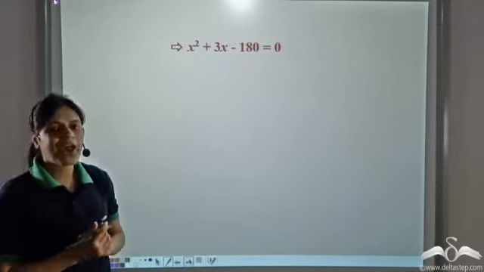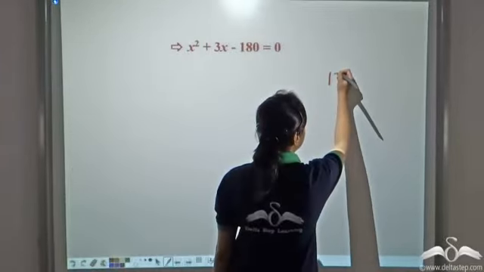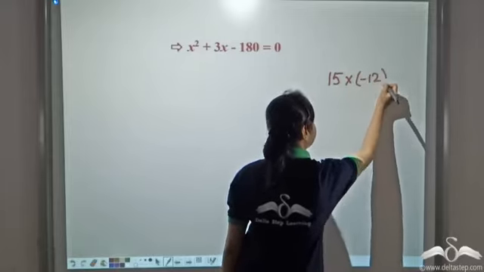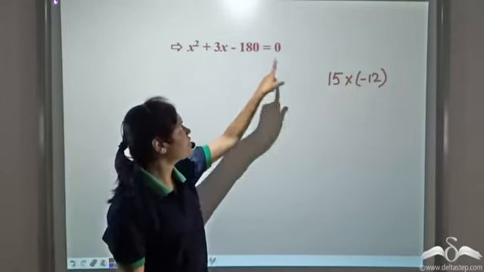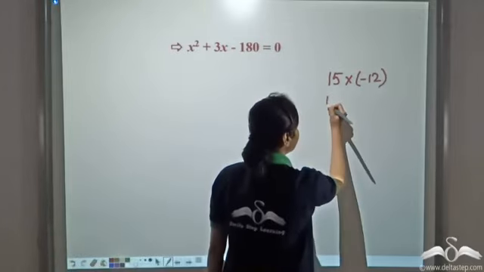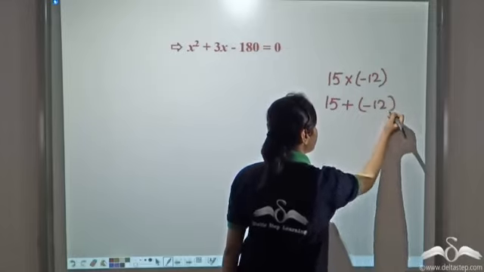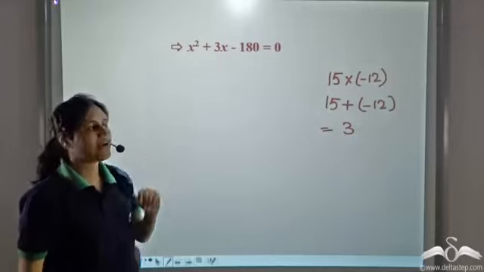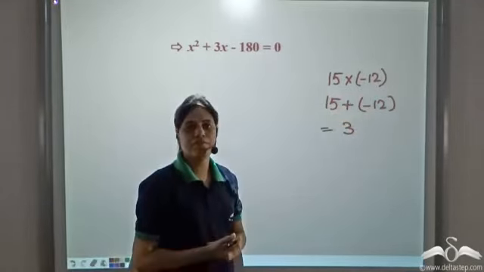Now, by trial and error, we see that the two factors are 15 and negative 12. So 15 into negative 12 gives us negative 180. Also, 15 plus negative 12 gives us 3, which is what we have here.